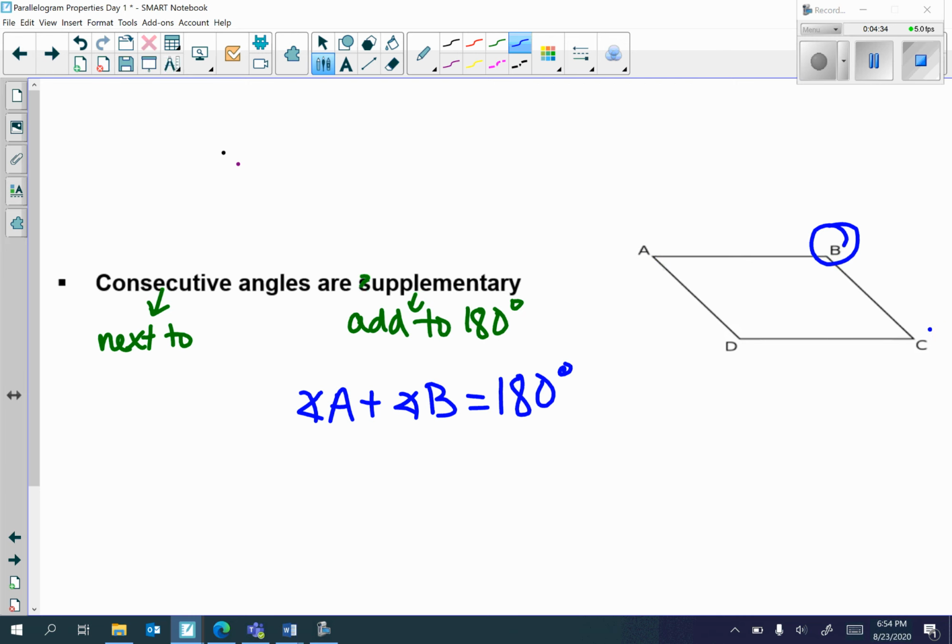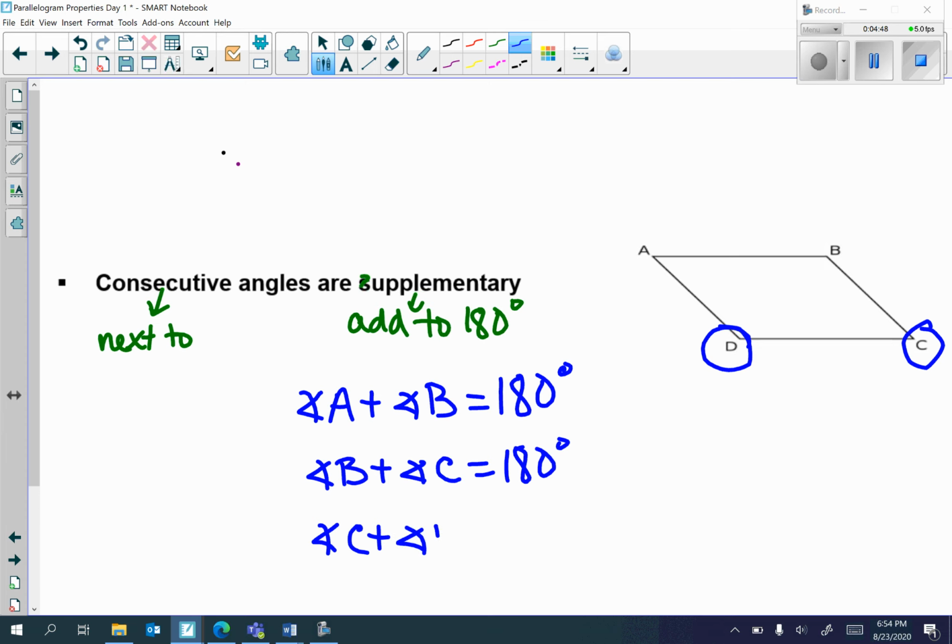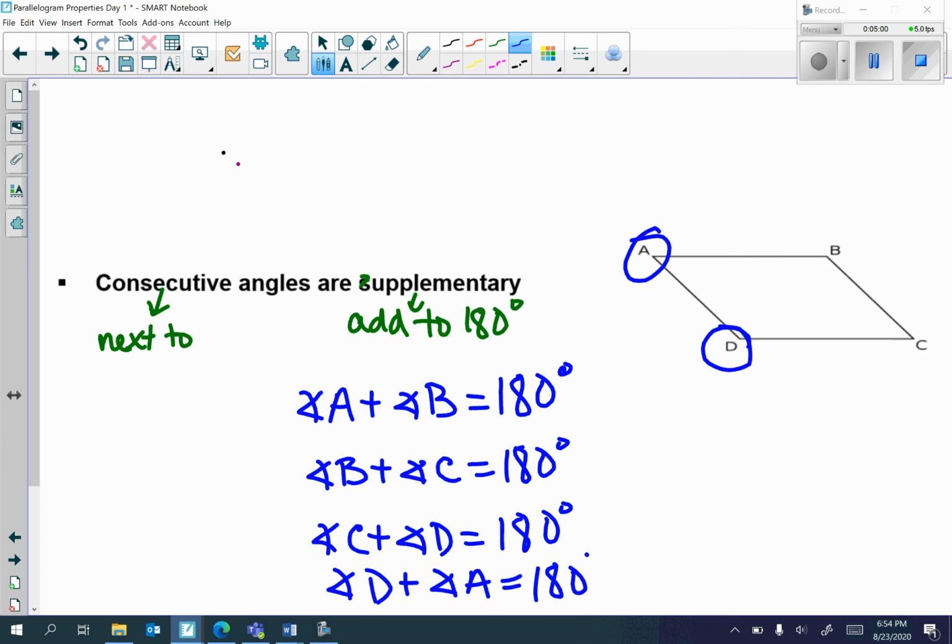Angle B is also consecutive to angle C, so angle B plus angle C is equal to 180 degrees. Angle C is consecutive to angle D, so angle C plus angle D is equal to 180 degrees. And angle D is also consecutive to angle A, so angle D plus angle A is equal to 180 degrees. Consecutive angles, which are angles that are next to each other, add to 180 degrees and are supplementary.